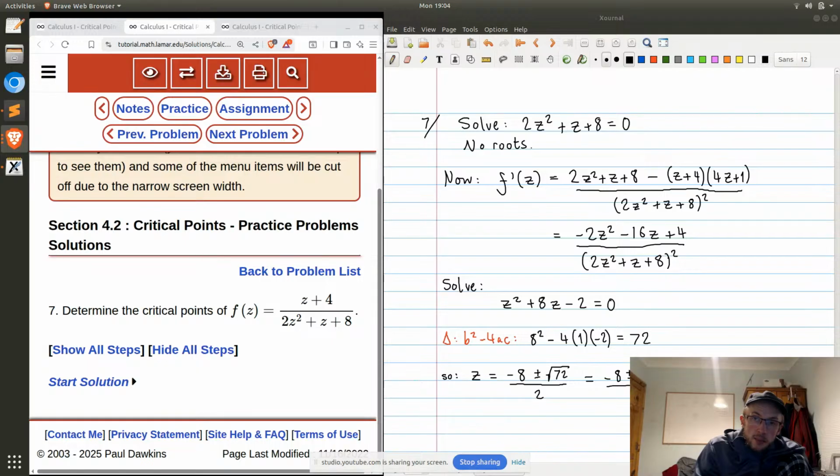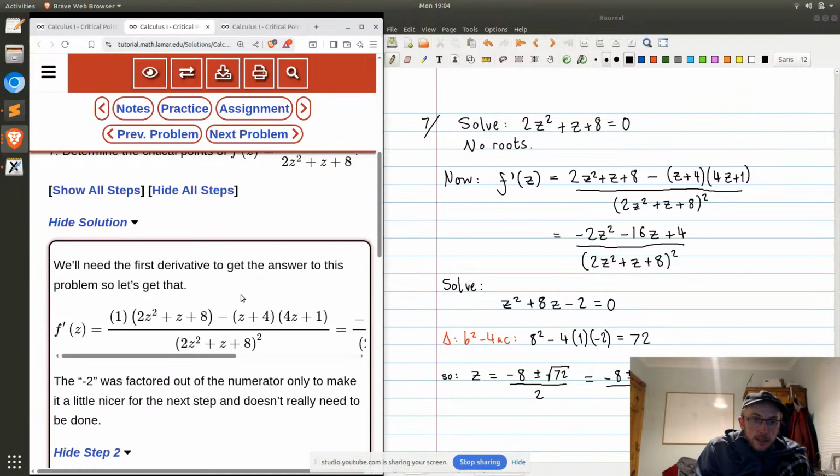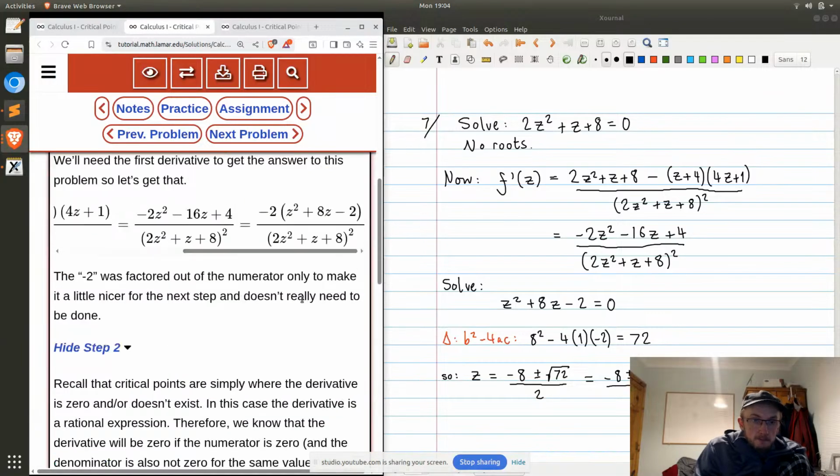But again, that will always be positive there. And so we just need to find out where it's equal to 0. And I believe that it's 0 for these values here. So I think those are the two critical points. Now we'll see if that's true.